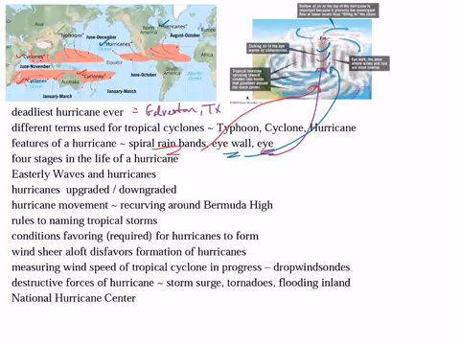Outside the eye, we have the eye wall, where the winds are most intense, and it's a circle of thunderstorm cells around the eye. And then we have the spiral rain bands that have tons of water that the storm system has picked up as it's cruised across the ocean.